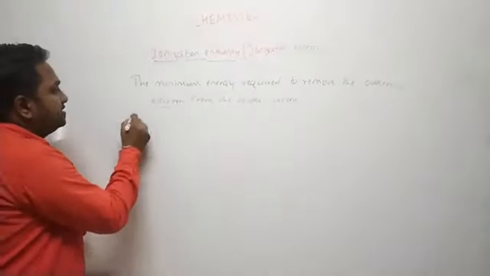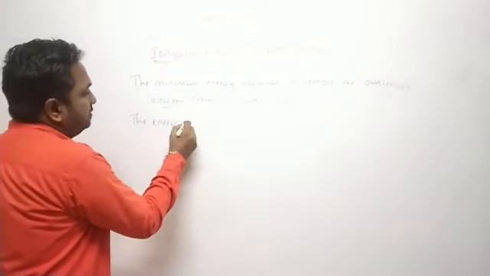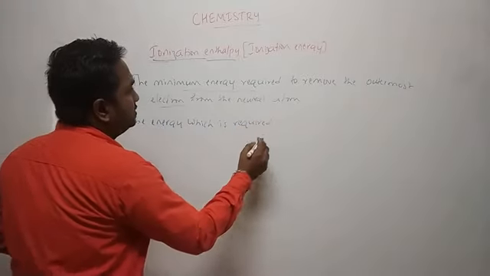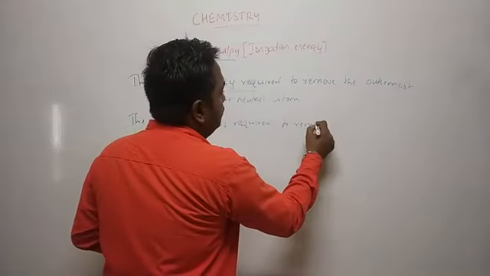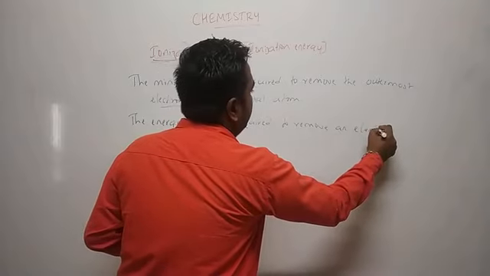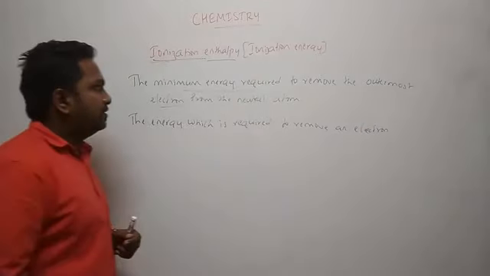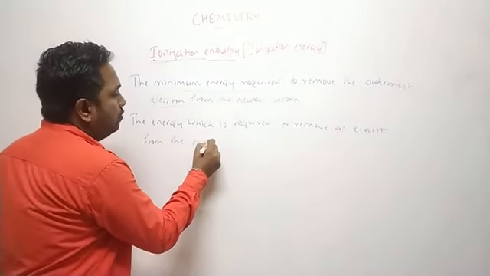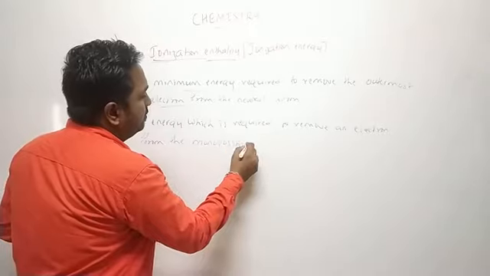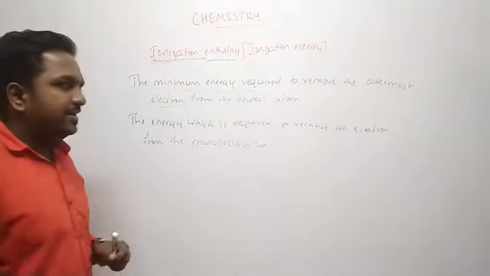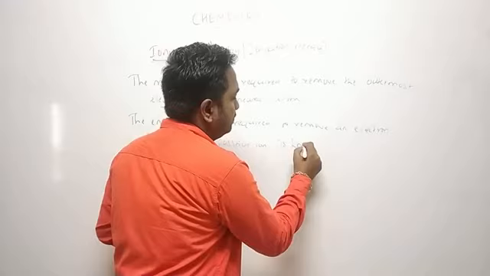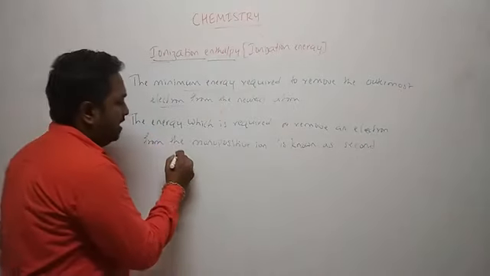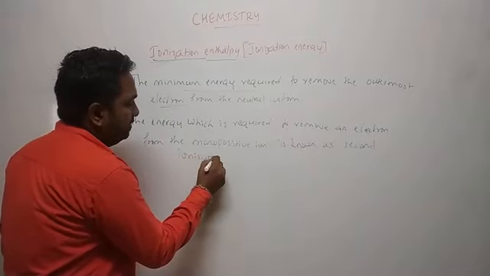The energy required to remove an electron from the monopositive ion is known as second ionization enthalpy.